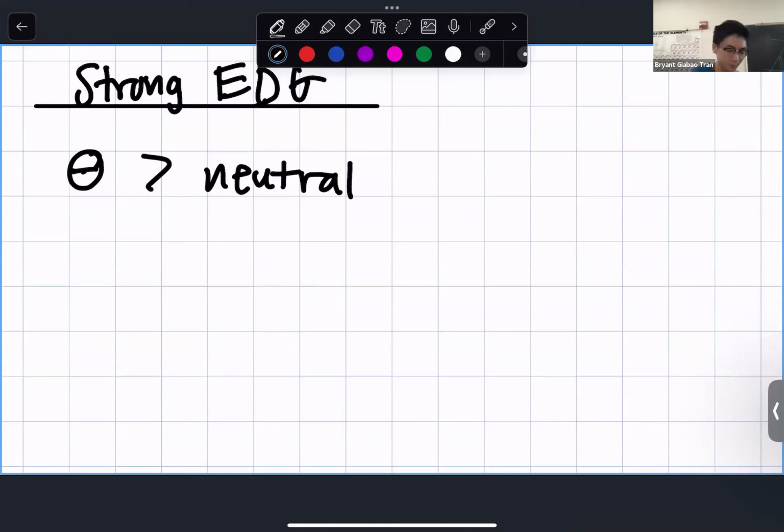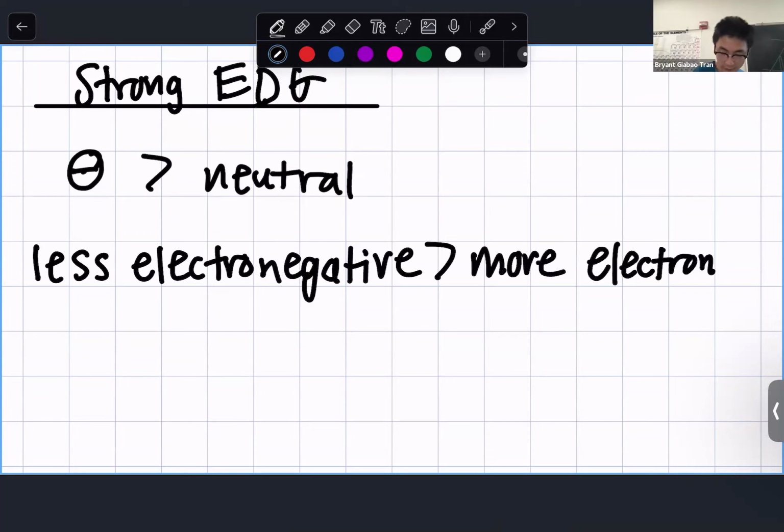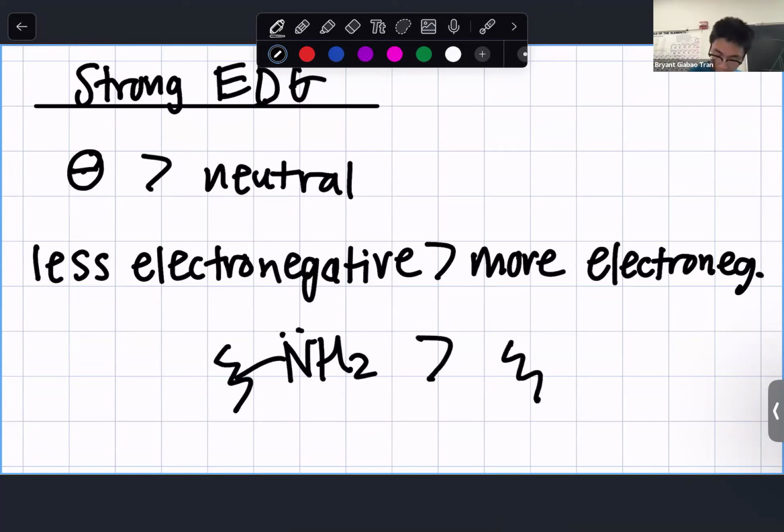Another characteristic is that the atom is less electronegative. Less electronegative atoms are stronger EDGs. An example is NH2 and OH.